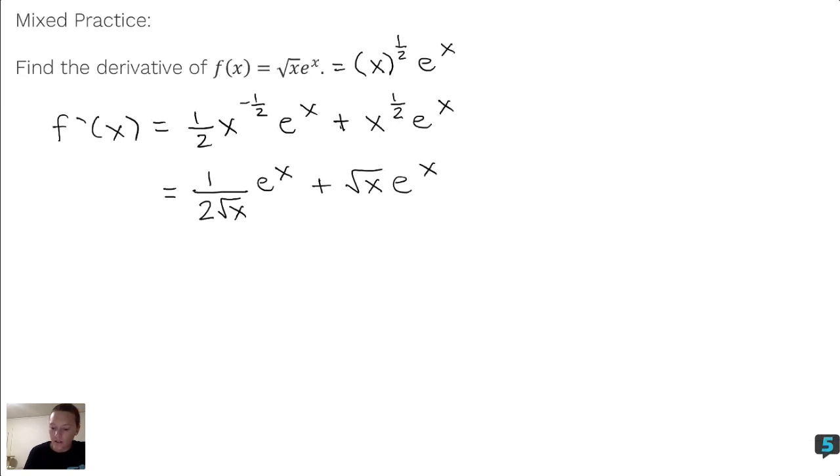We even could clean that up a little bit further and do that as, whoa, that eraser was wider than I expected, as e to the x over 2 square root of x. But again, some of that is teacher preference, depending on what your teacher wants.